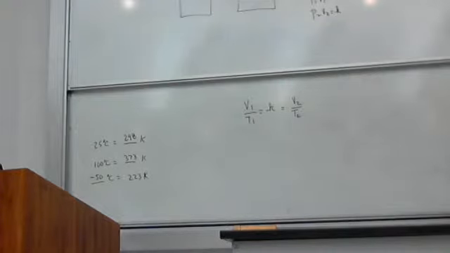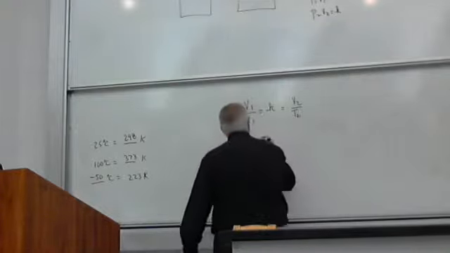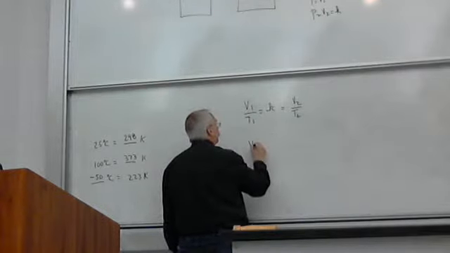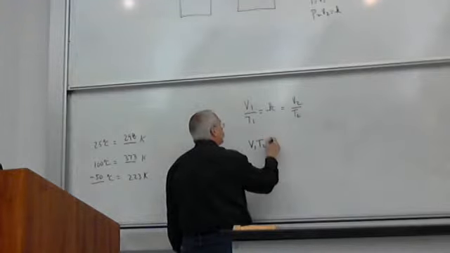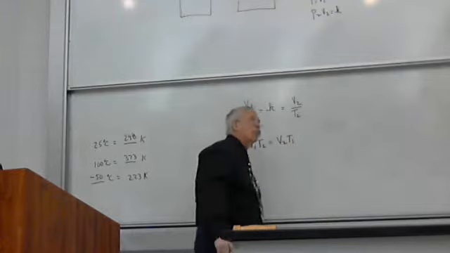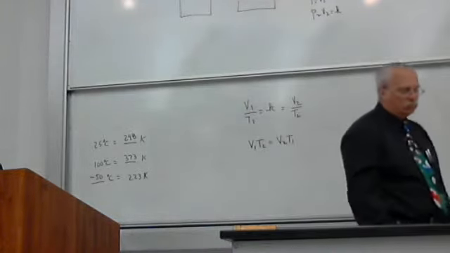So we could put these together and come up with an alternate form of Charles' Law that says that the volume of 1 times the temperature of the second experiment is equal to the volume of the second experiment times the temperature of the first experiment.